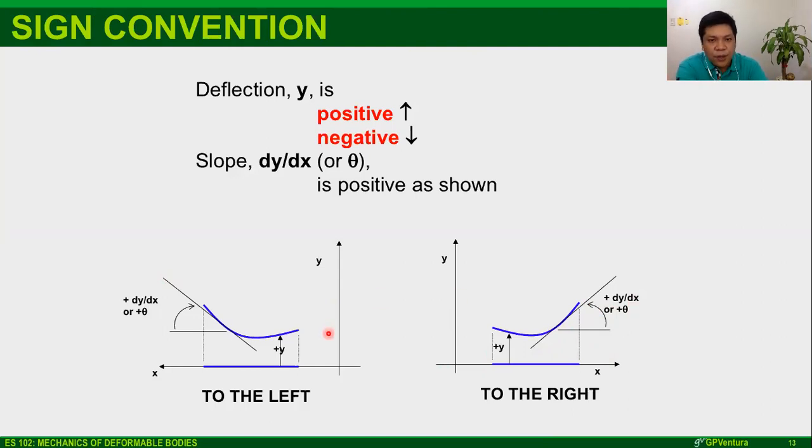But if we want our positive convention to be to the left, clockwise is positive and counterclockwise is negative. But in most of our problems, if not all, let's try to stick with this sign convention as to the right as positive. Para normal and easier lang lahat para sa atin.